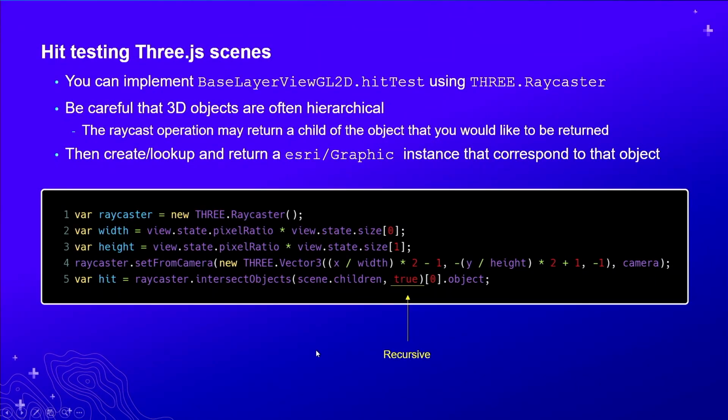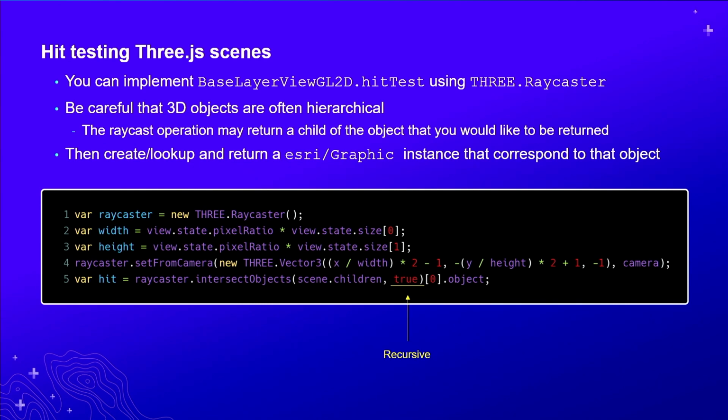Something else that you could do with Three.js is use it to implement the hit test function of your custom layer view. You can use the Raycaster class, and you have to be careful here because very often 3D objects are multi-part and they are hierarchical.